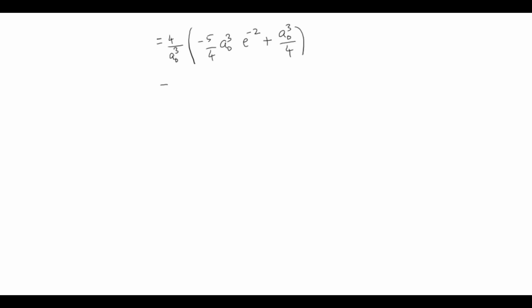When we multiply inside, the first term becomes minus 5 by 4 e power minus 2, and the 4 gets cancelled, right? So therefore minus 5 e power minus 2 plus 1. So this is what you will get: it is 1 minus 5 e power minus 2.